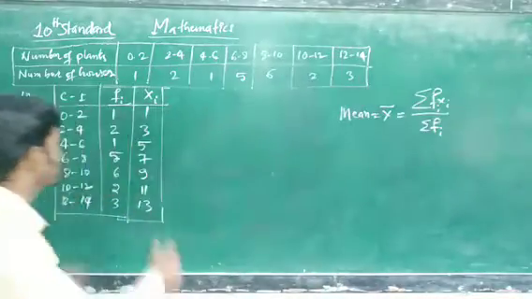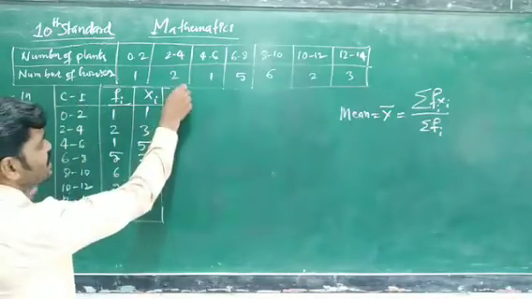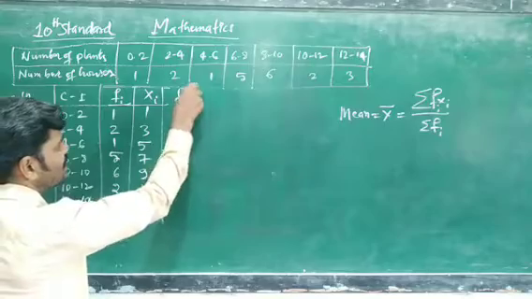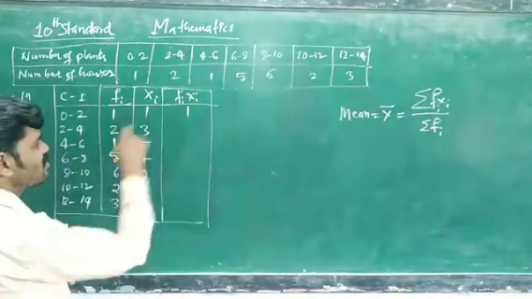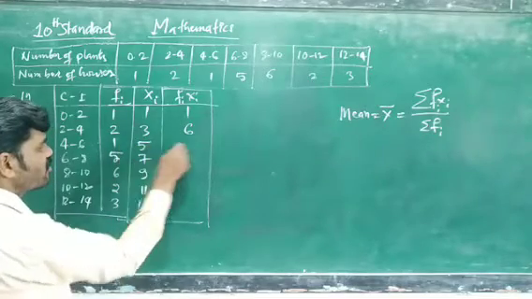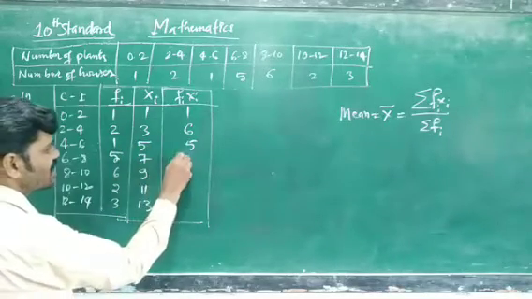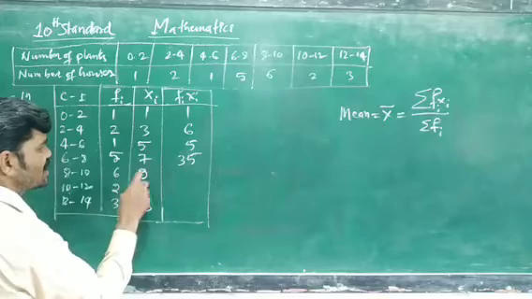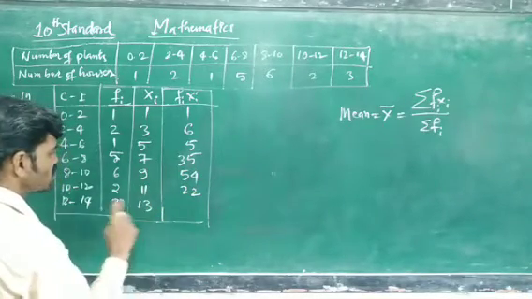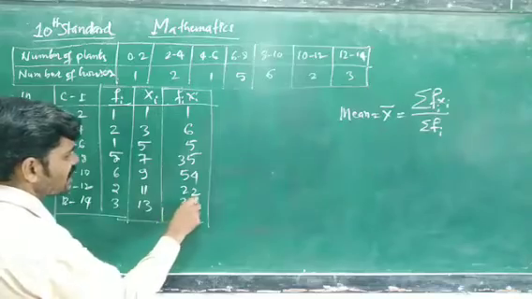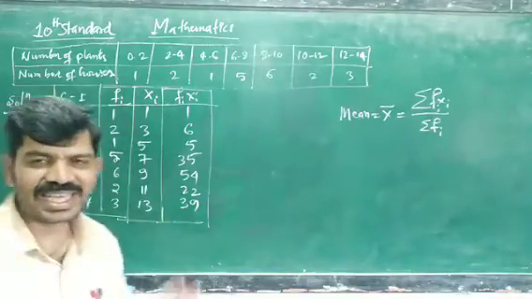If we multiply fi and xi, we obtain the result: 1 into 1 is 1, 2 into 3 is 6, 1 into 5 is 5, 5 7s are 35, 6 9s are 54, 2 11s are 22, 3 13s are 39. So this is fi xi.